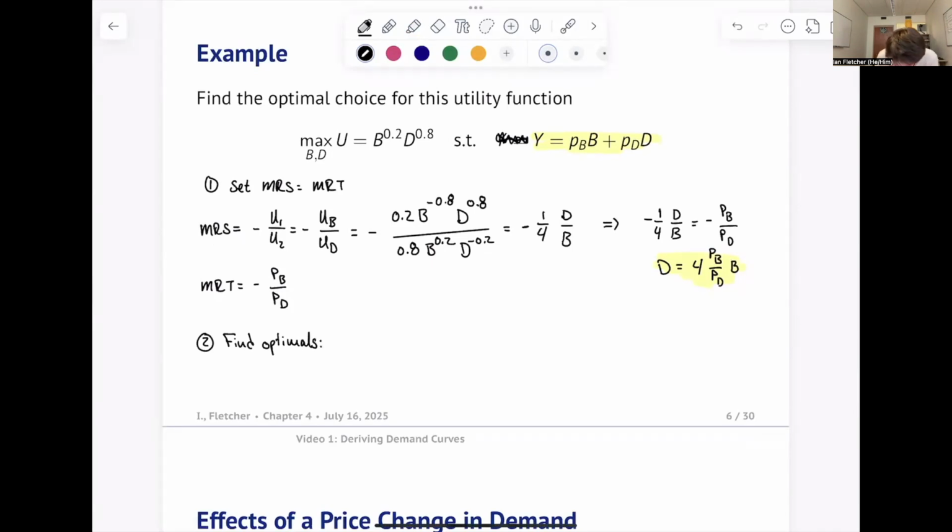And so if we come over here, let's just throw this function of D straight in.